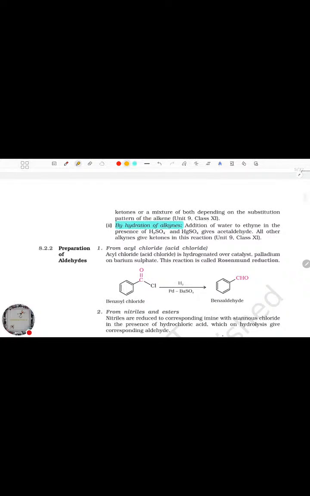By hydration of alkynes, we have certain hydration reactions. Addition of water to ethyne in presence of sulfuric acid and HgSO4 gives acetaldehyde.